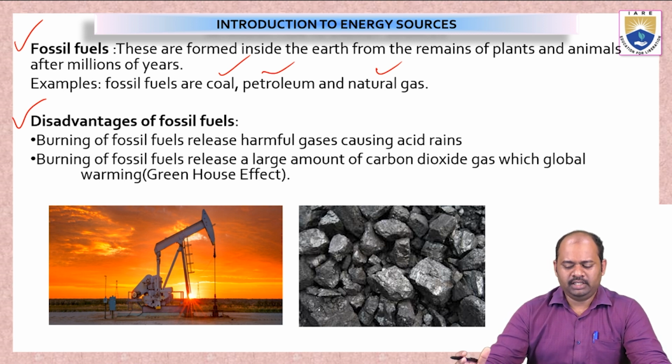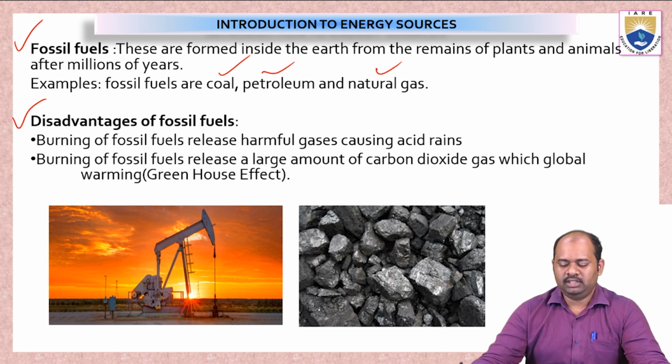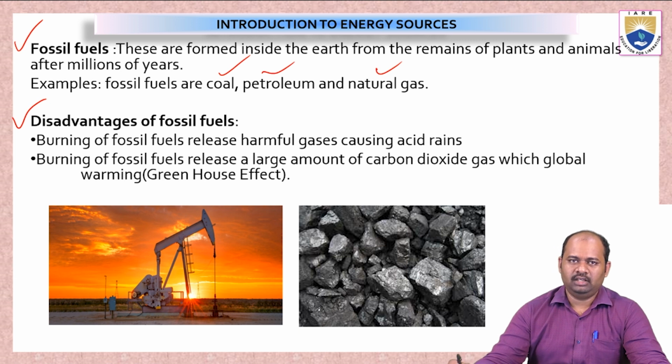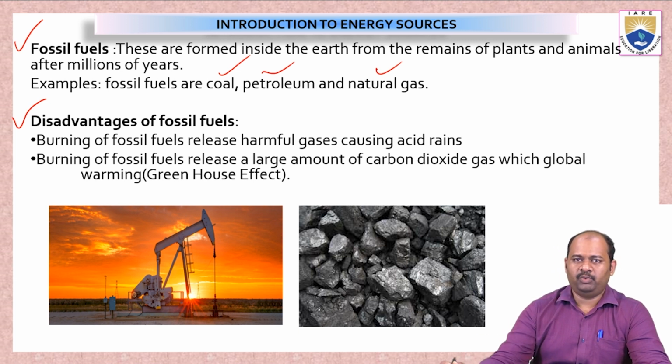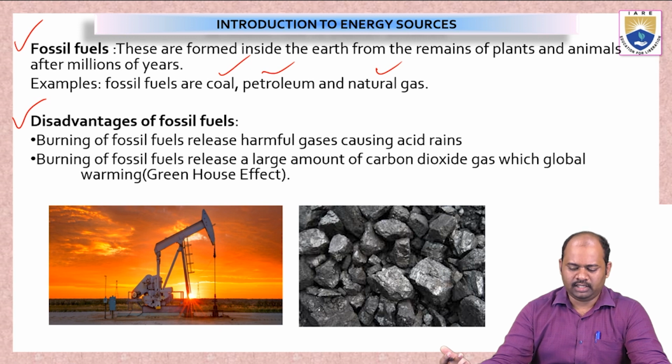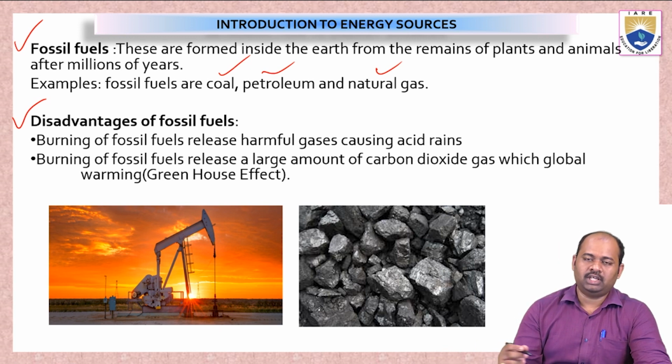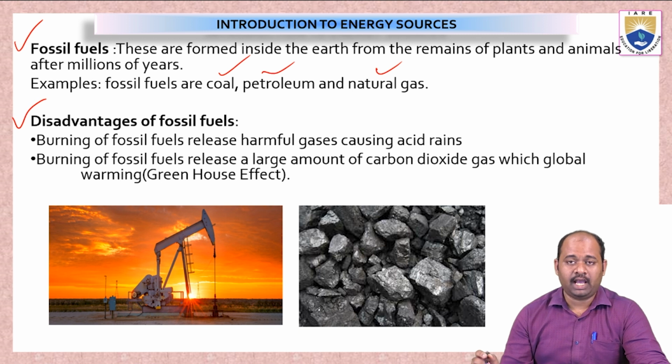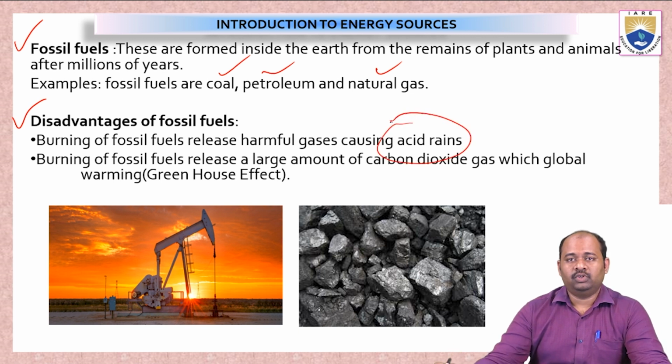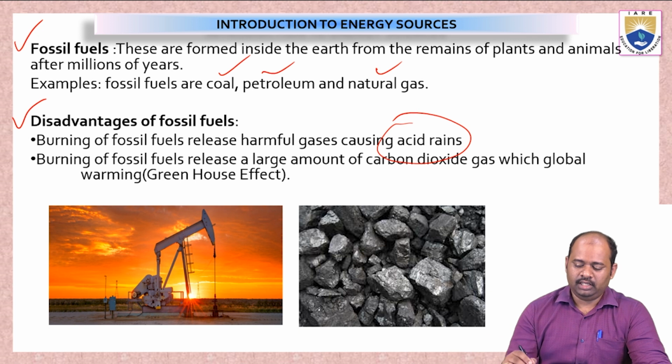Whenever we combust any of these fossil fuels for generating heat, this carbon combined with oxygen will produce carbon dioxide. So this is the main disadvantage of using fossil fuels, where they produce carbon dioxide and sulfur dioxide and other gases which are harmful to the atmosphere, and they may cause acid rains also. The phenomenon of acid rains is happening because of fossil fuel combustion.